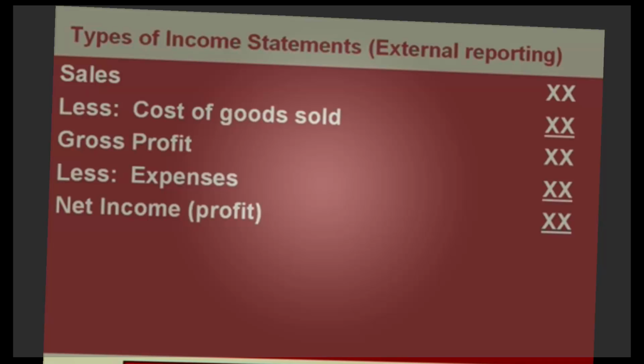Does this look familiar? It should. We did it before. This is a type of statement given to the IRS. Start with sales, less cost of goods sold, give you gross profit, less expenses, give you net income or profit.